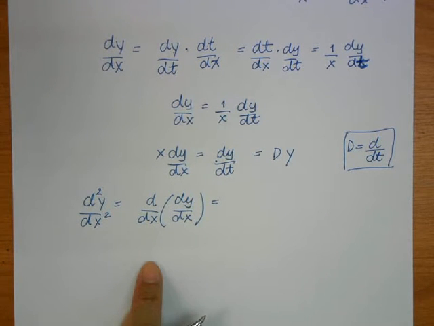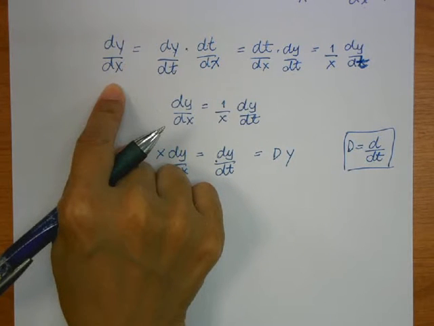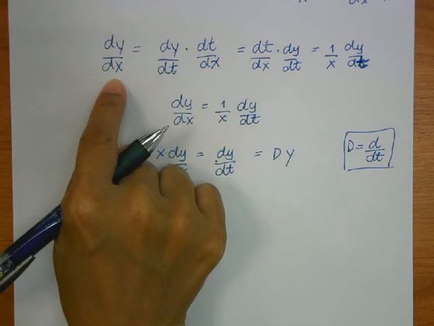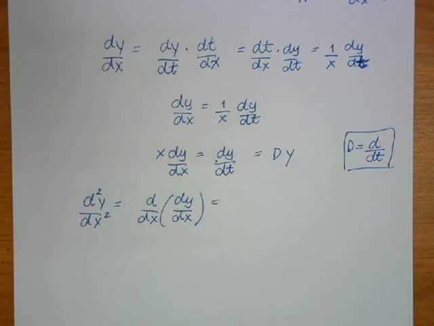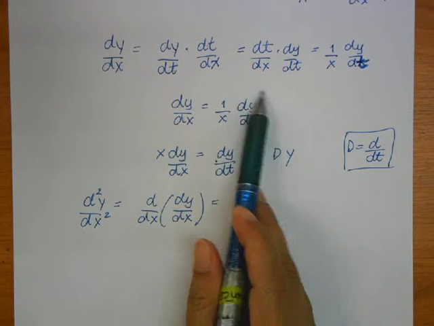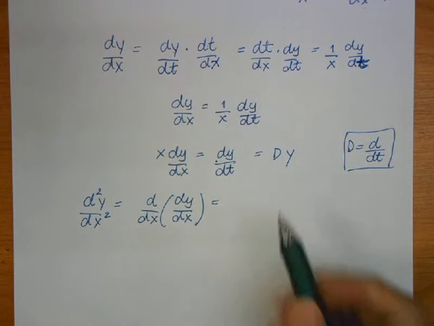We are going to do the second derivative of y. We know that the first derivative of y is equal to 1 over x dy by dt. So for the second derivative, we just take this term and do the derivative by x.